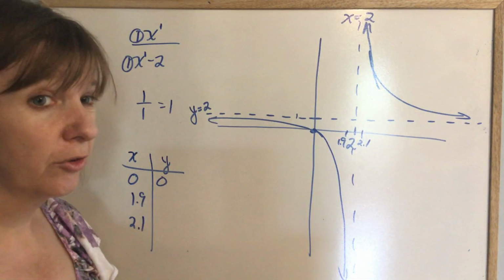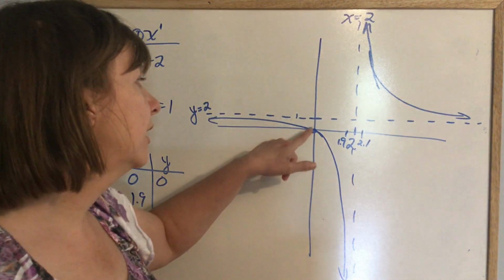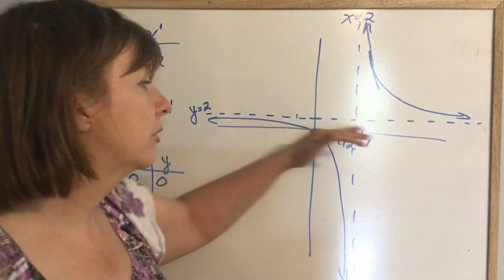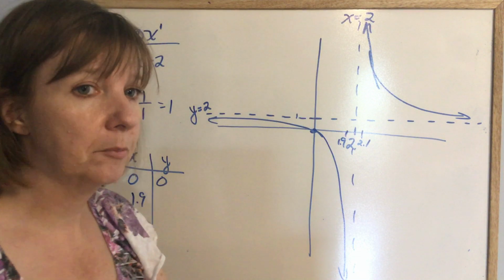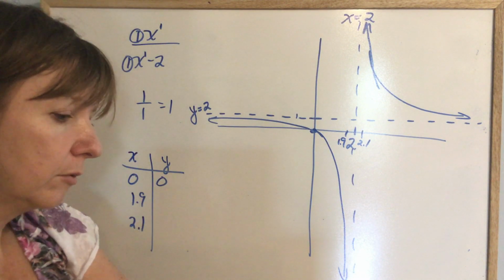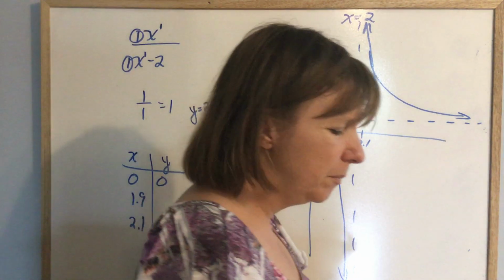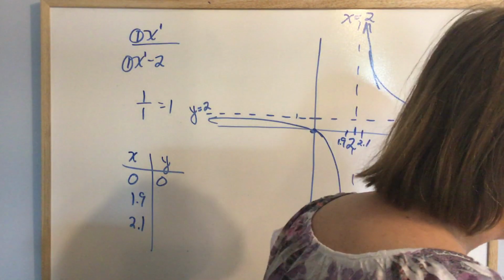So I'm not looking for super accuracy. If the asymptote's not at 0, I do tend to like to pick x is 0 so I can figure that out. But beyond that, I don't worry too much about it.